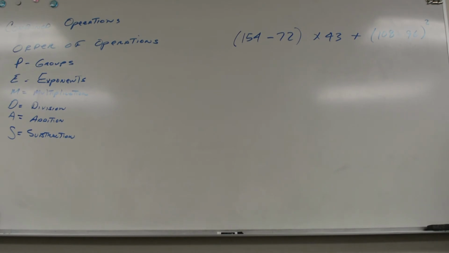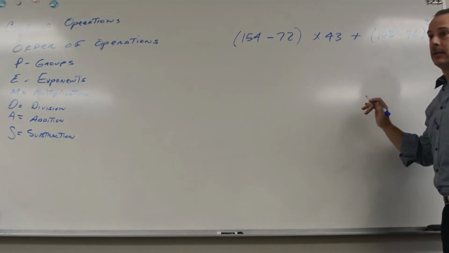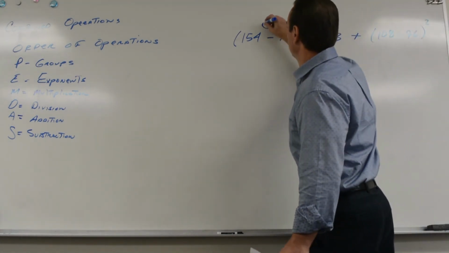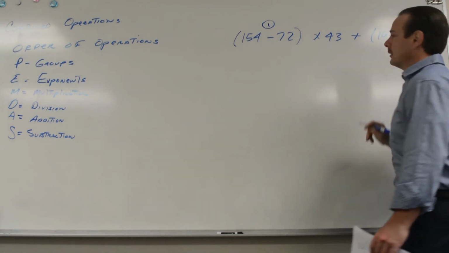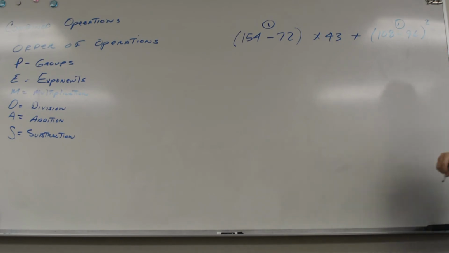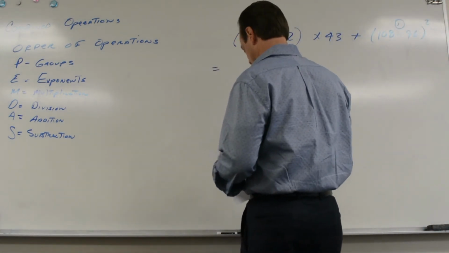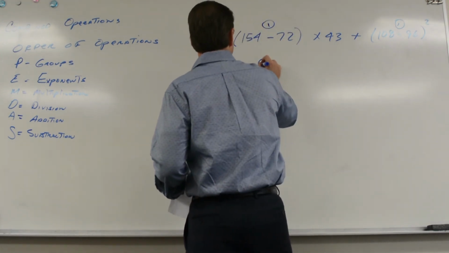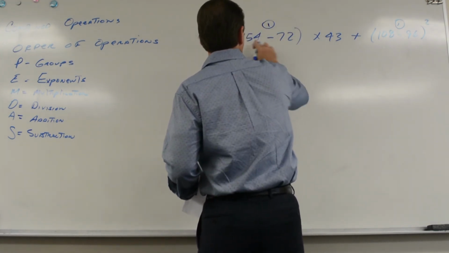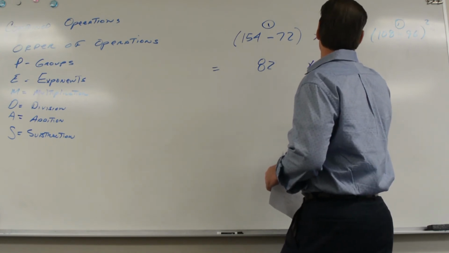Okay, let's start to solve this problem. What do we do first? Well, we got 2 groupings here, right? So we do one of them. Well, we really could solve what's within the parentheses and then do the exponent on the second step, right? So let's say, what do we get here? 154 minus 72 is 82 times 43.